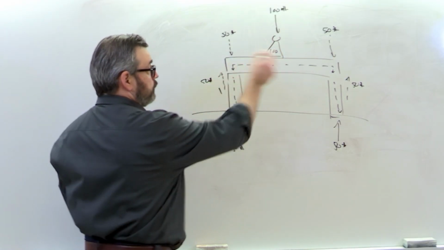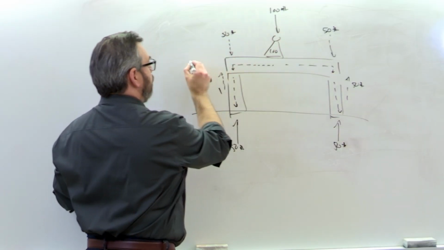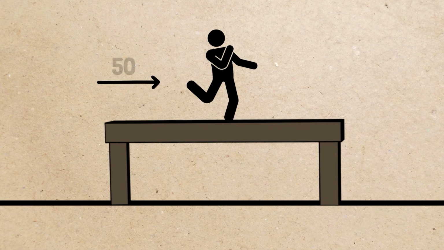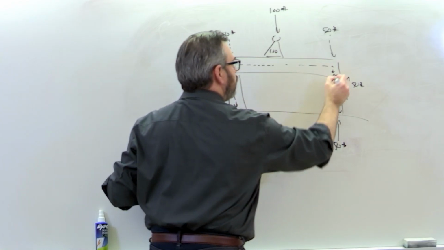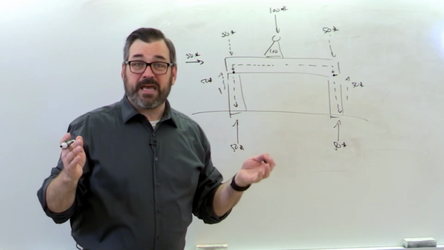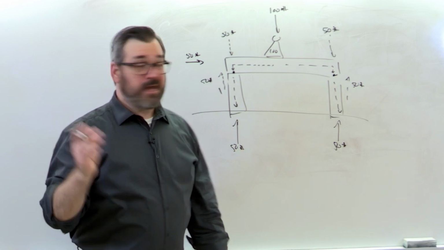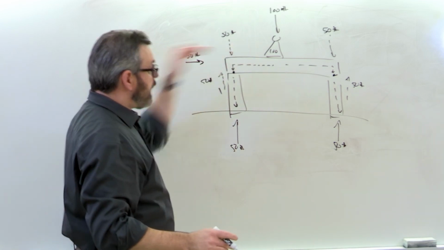So if we imagine as well that there's a dancer up here now and somehow they are imparting, say, 50 pounds of force that way from a move that they do in that direction, we now have to think about how this joint, which we're assuming is fully pinned, it's just going to rotate, how does that resist that movement?